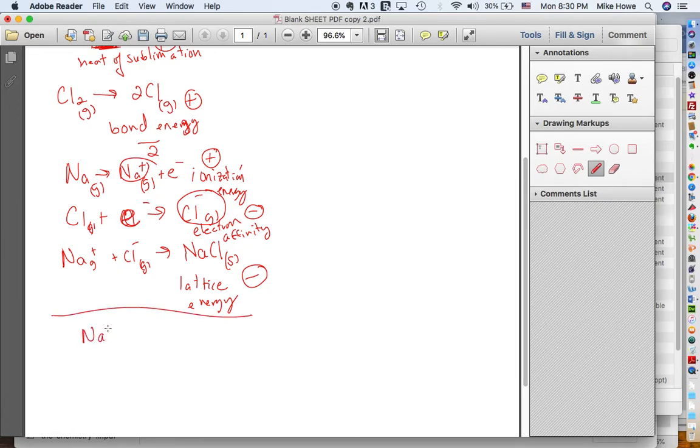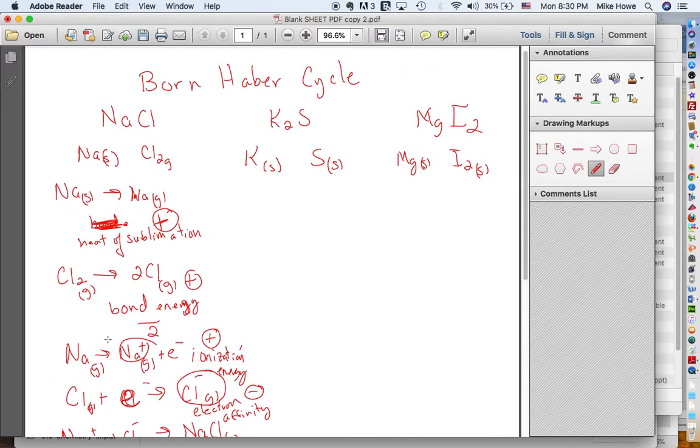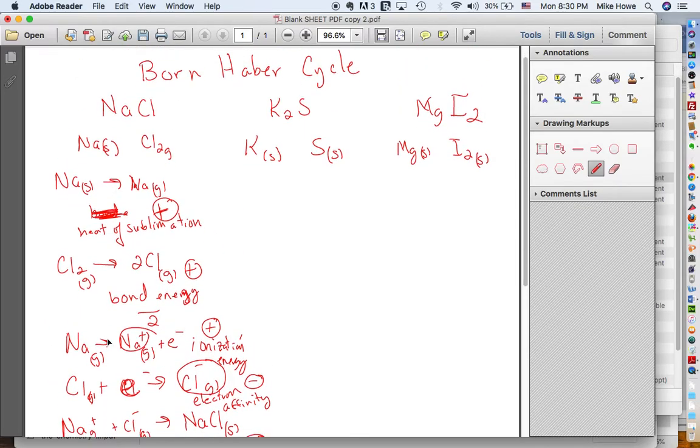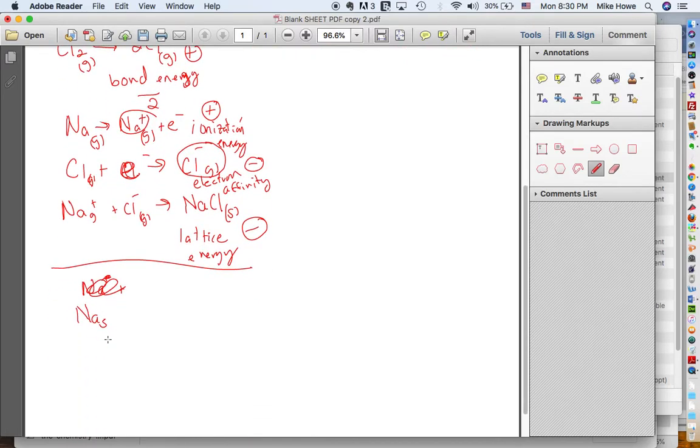So it'd be Na plus, excuse me, I'm doing this wrong, start again. Na solid, that's the sodium that we start with at the top, remember up here, Na solid, plus Cl2, yields NaCl. Now, since there's only one Cl over here, we only need half of our Cl2, so we do that.